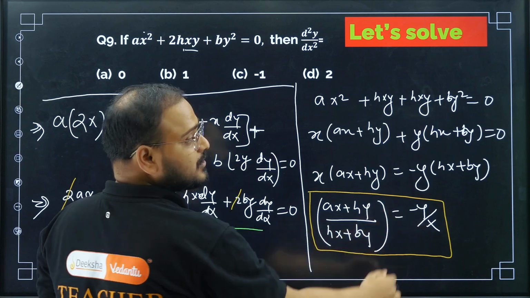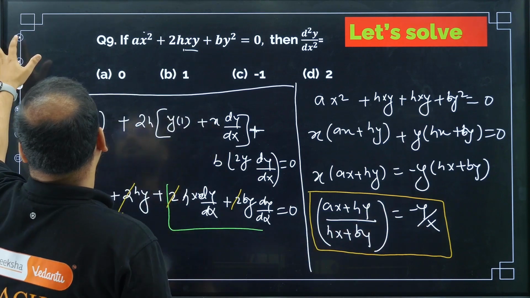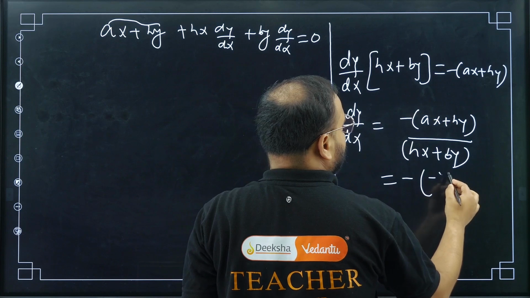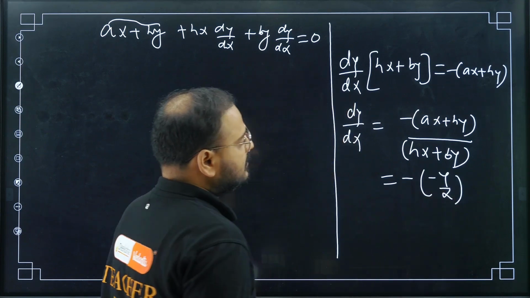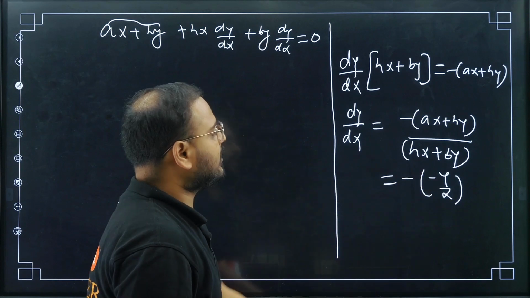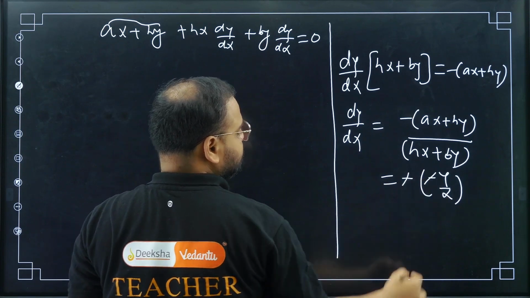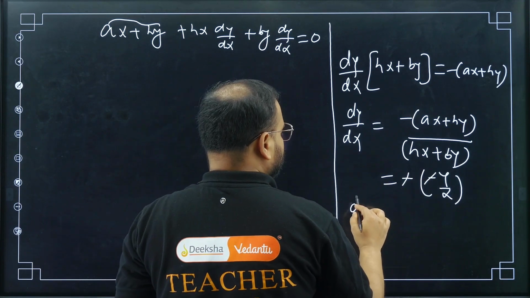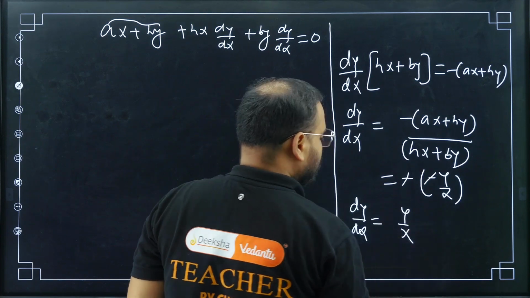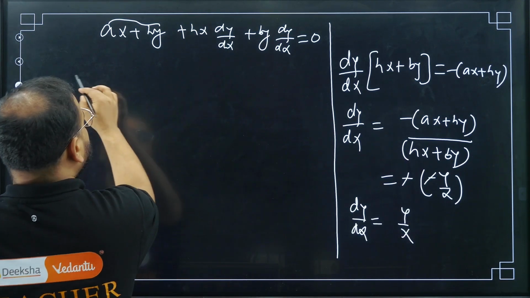That was minus y by x, no? That was minus y by x. So I can replace this whole thing by minus y by x. This minus sign is outside. I have to take this for minus y by x, and this again will become plus. So I get dy by dx equals y upon x.